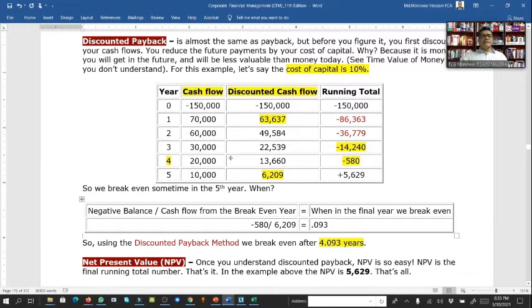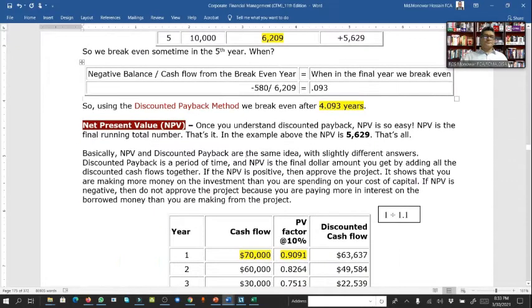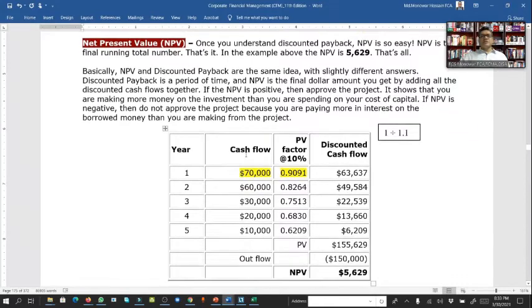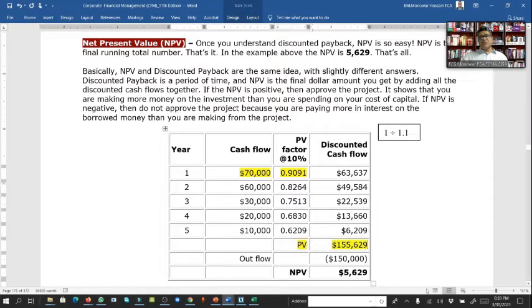Now net present value. Look here. Net present value, as we already calculated here with the discounted cash flow, the present value is 1,55,629, because this 10% is the cost of capital as given in the question. So this is the discounted cash flow, this is the factor.